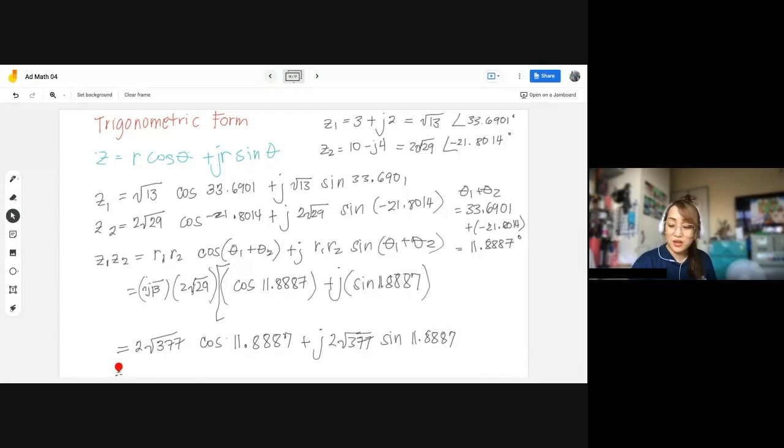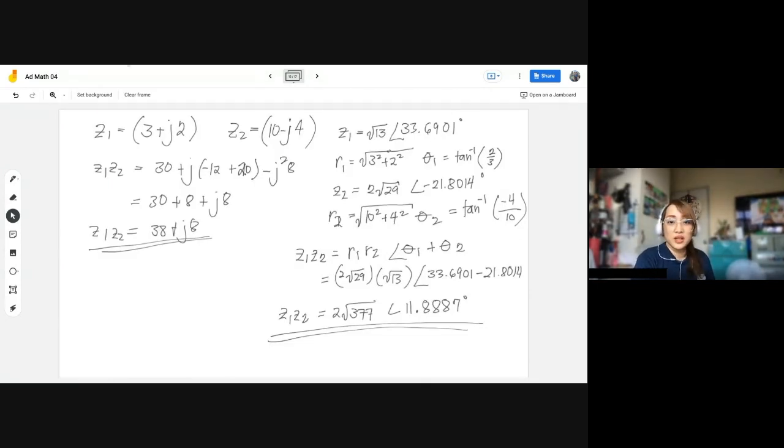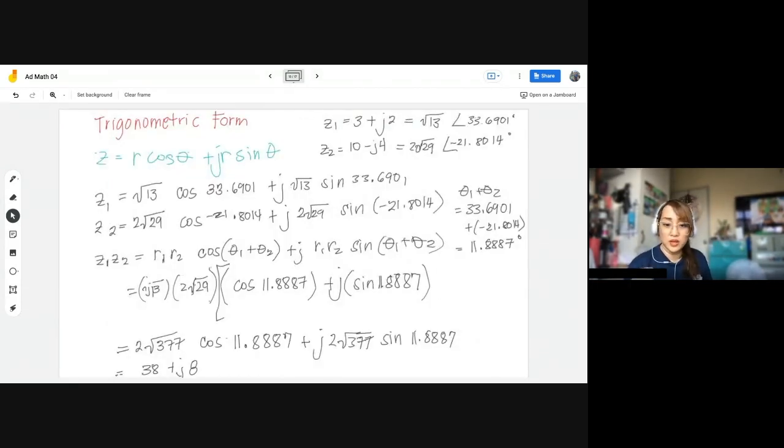So if you evaluate that, that is 2 square root of 377 cosine 11.8887, which is 38, plus j 2 square root of 377 sine 11.8887 will give you the plus j8. If you evaluate this trigonometric form, like you get the numerical value of this side and this side, it will give you the same rectangular form.